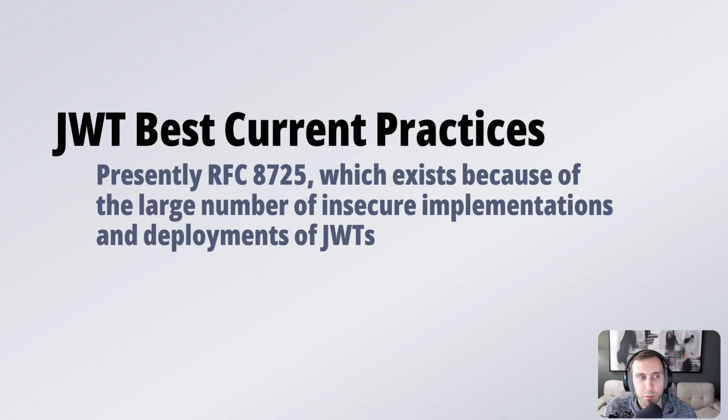But now we're just going to talk briefly about the JWT best current practices as per RFC 8725, and we're also going to talk about the ASVS requirements in version 5 of the ASVS.